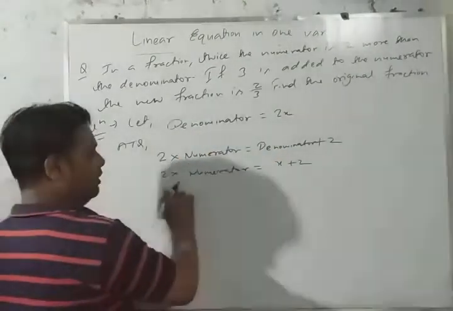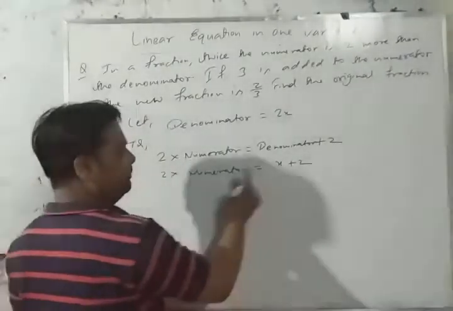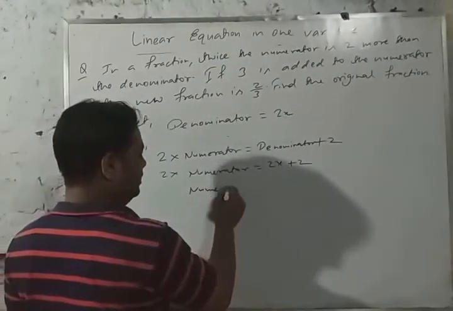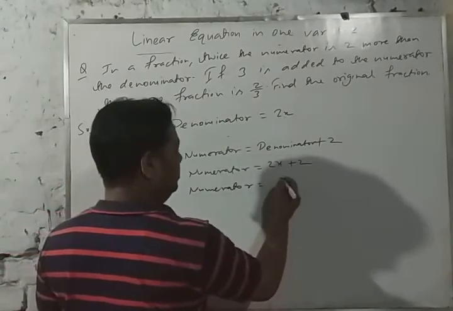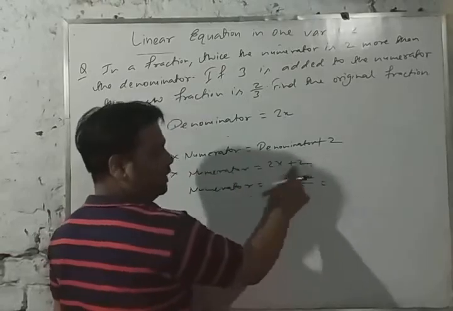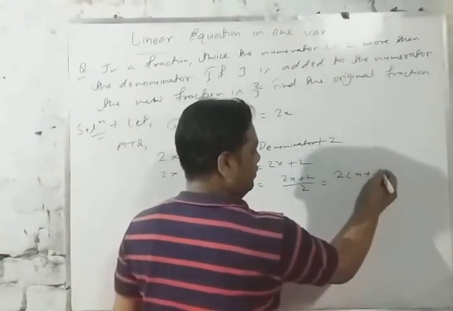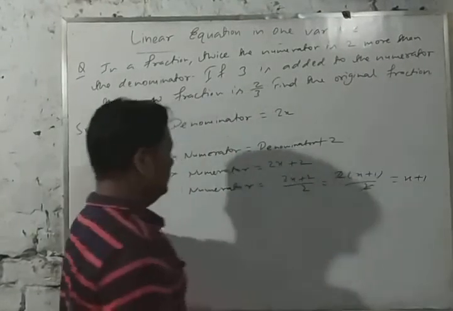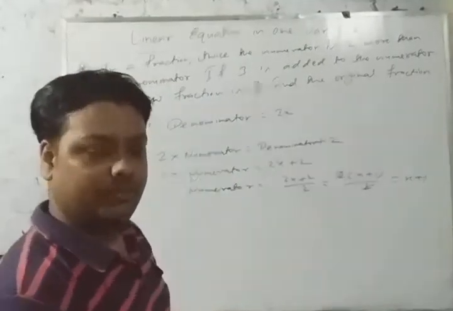Then what will the numerator be? The numerator is equal to 2x plus 2 by 2. Then 2 is common here. What is the value? x plus 1 by 2, 2 cancelled out. Then the numerator is x plus 1. Okay.